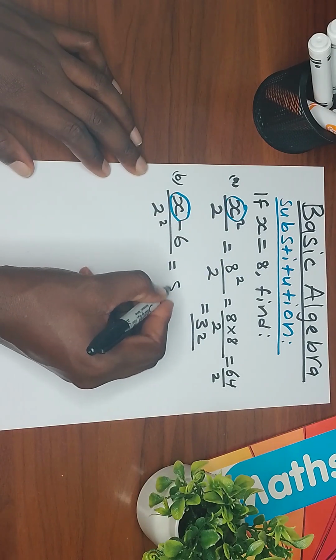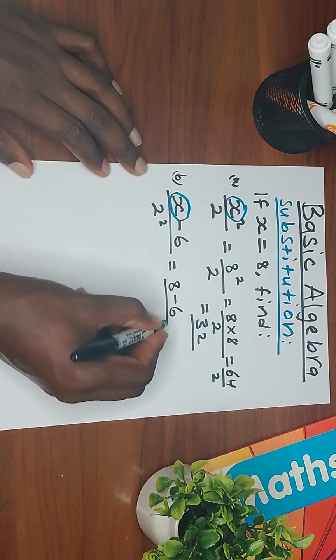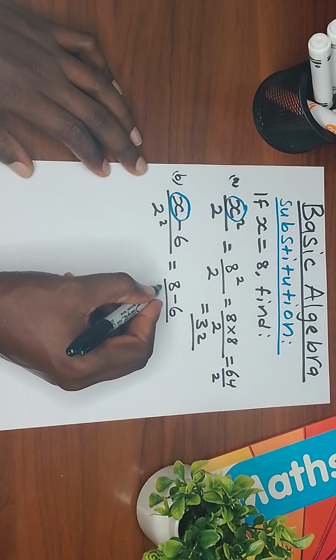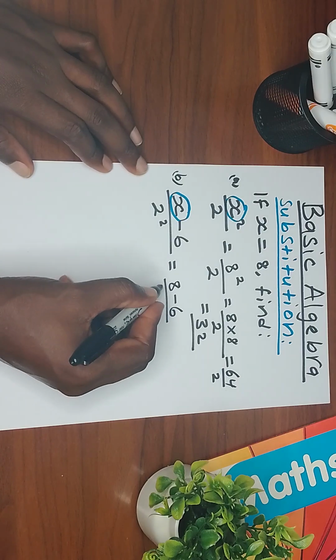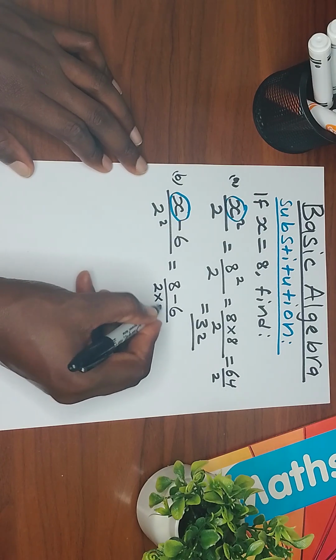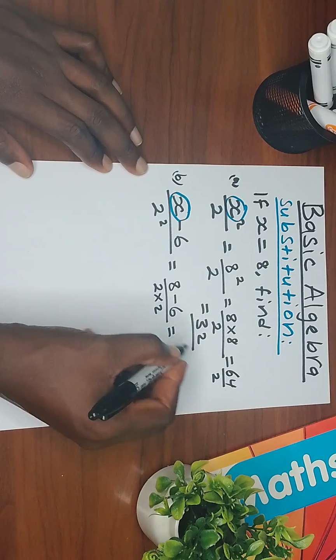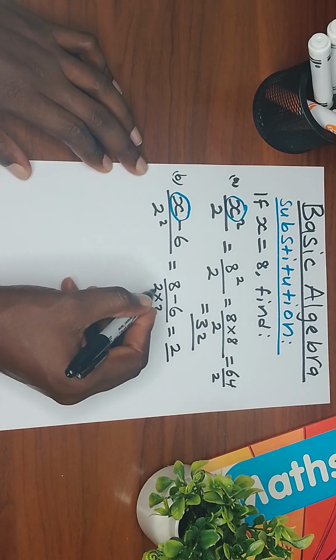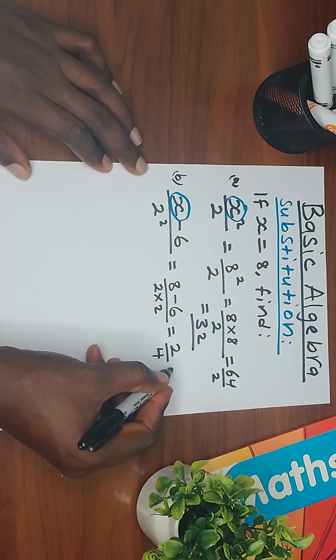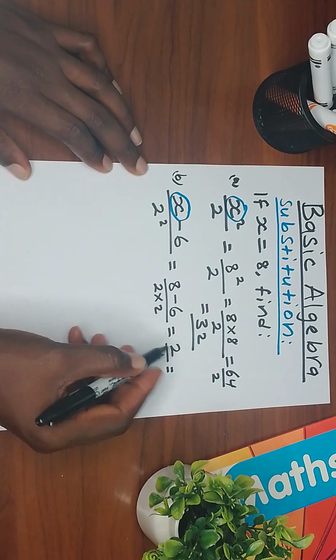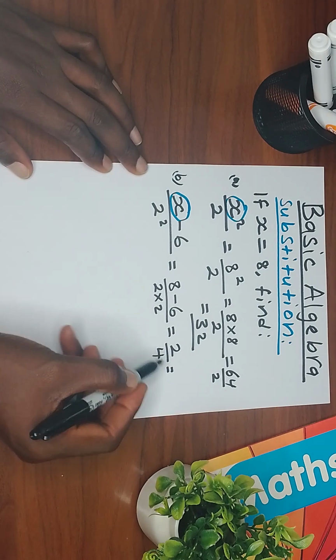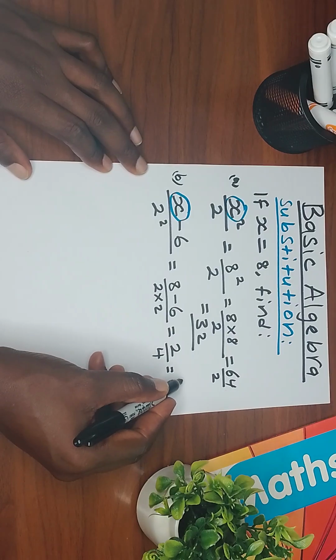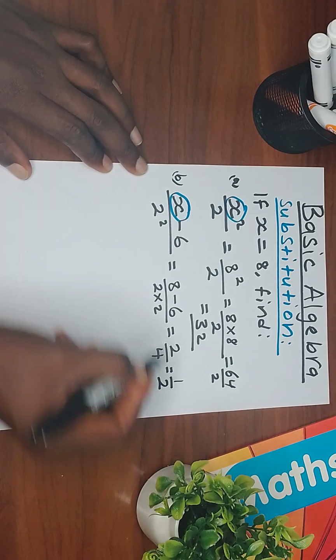So in this case, we'll put 8 minus 6 out of 2 power 2, and 2 power 2 we have explained as 2 times 2. This is going to give us 8 minus 6 is 2, out of 2 times 2, that is 4. We can reduce this to the simplest form by dividing by 2 here and dividing by 2 here. This is 1 out of 2.